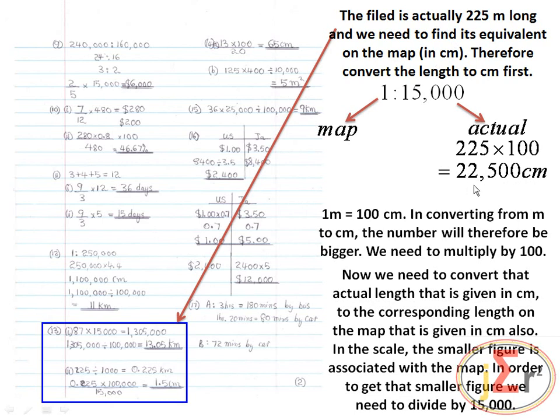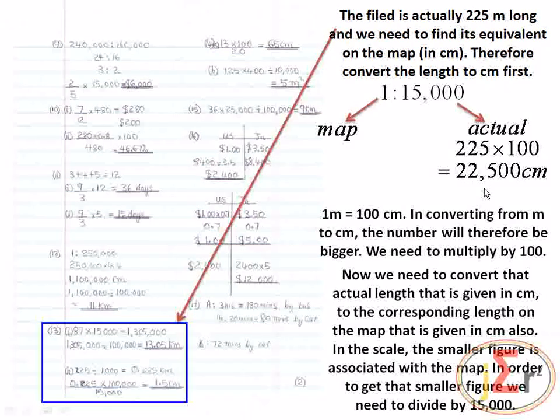Has to be in centimeters because we just made a conversion from meters to centimeters. And when we make the conversion using the scale of the map, with this figure to do our conversion, we will arrive at our answer that will be in centimeters also.